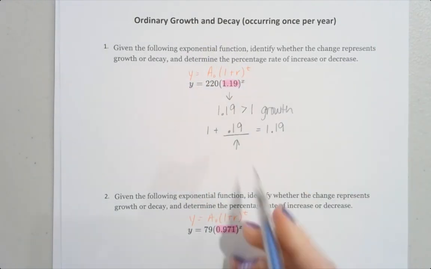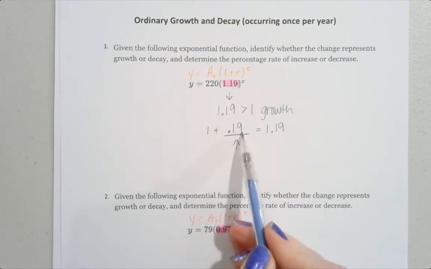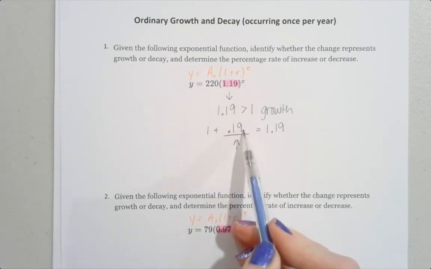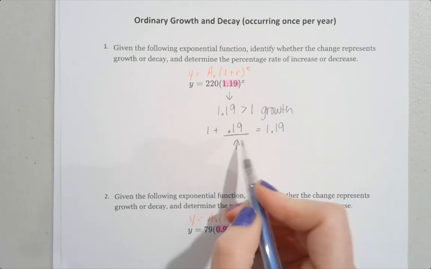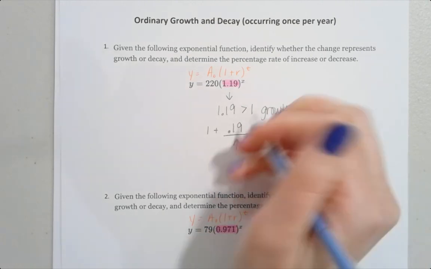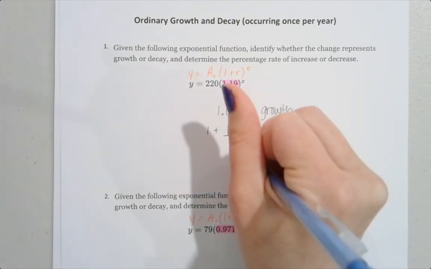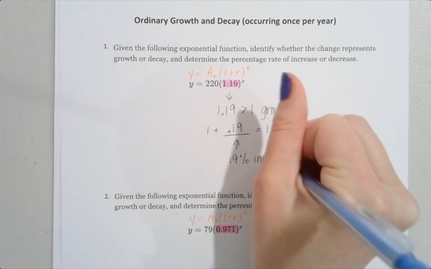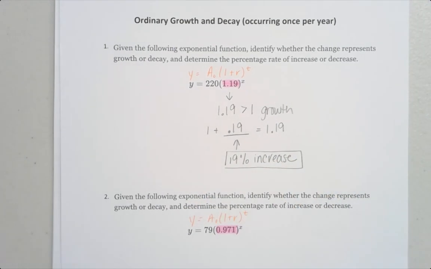And that means that this represents our actual rate. 1 plus our rate is going to give us that number on the inside. So that's our rate in the decimal version. So if we move it over twice, we will get 19% increase. Let's be technical here since we're talking about growth. A 19% increase to represent growth.